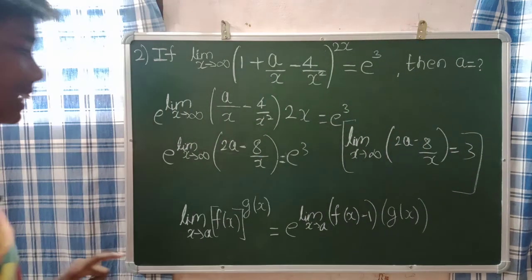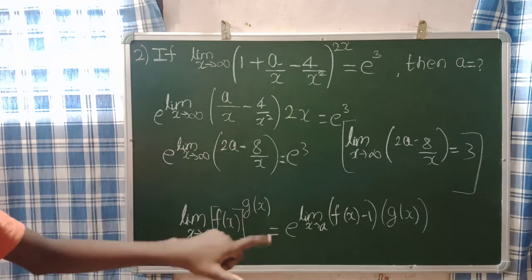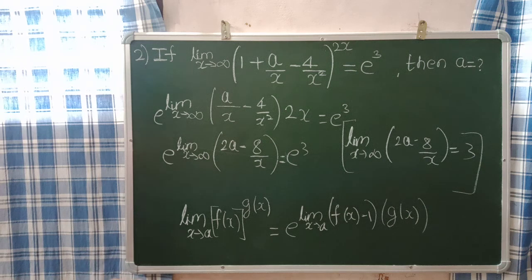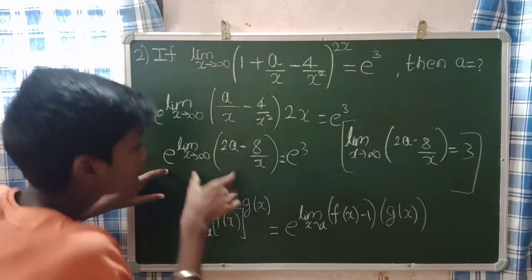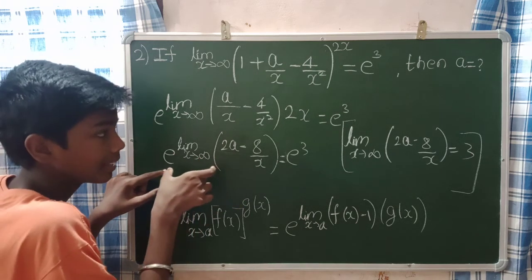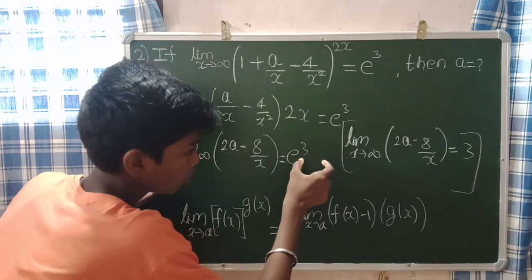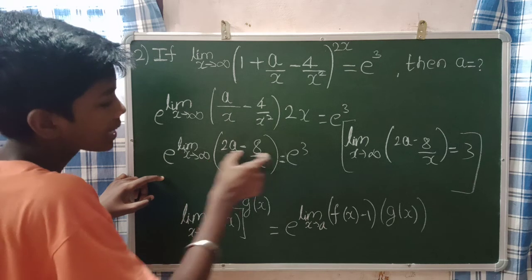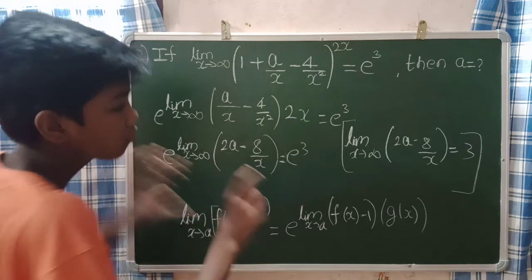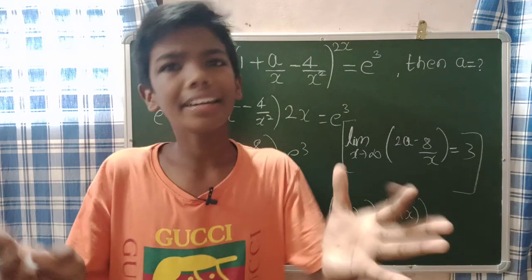So what I am basically saying is, when you multiply 2x with the inside expression, you will be getting e power limit of x tends to infinity of 2a minus 8 by x is equal to e cube. If this statement is proved, then of course the power of this LHS will be equal to the power of this RHS. Because e power limit of x tends to infinity of 2a minus 8 by x is equal to e cube means, then of course this statement should be proved. This is the basic law of exponents which you guys already learned.